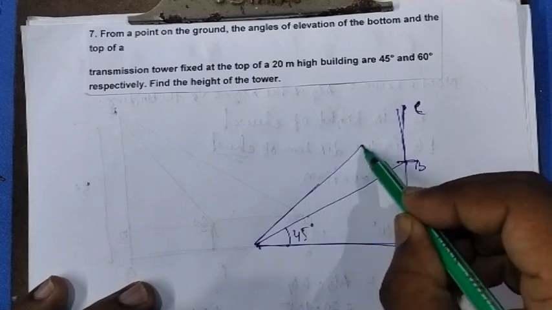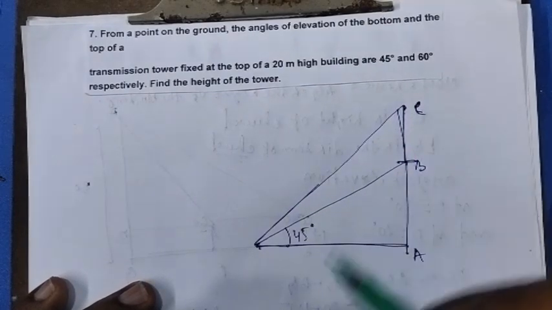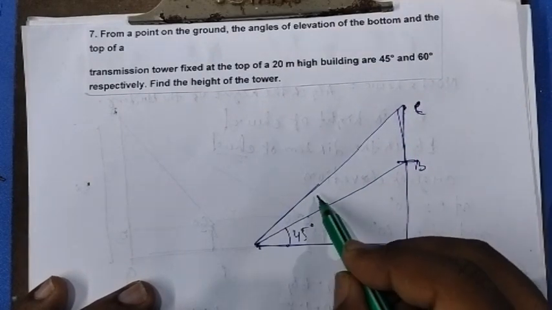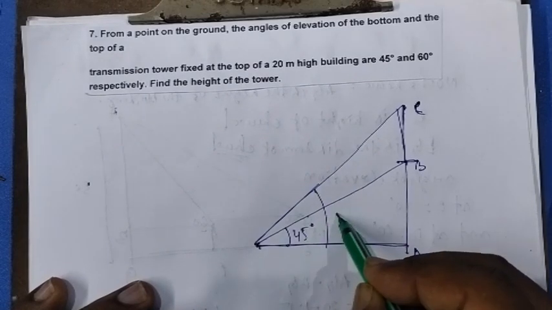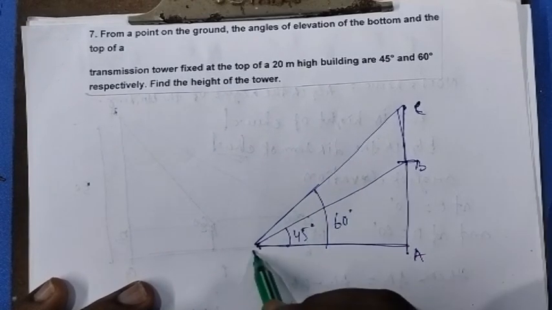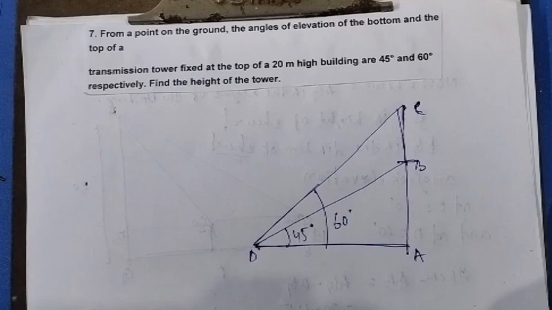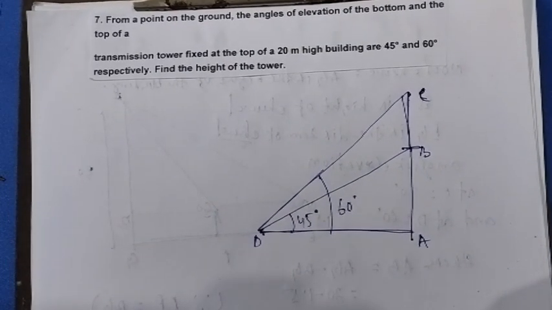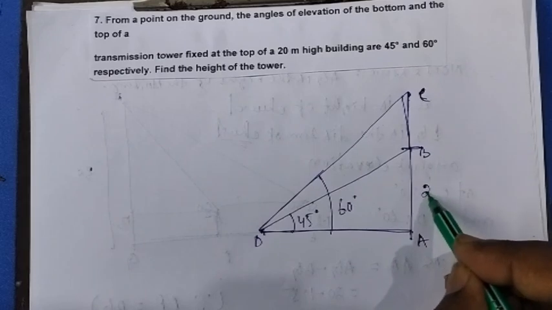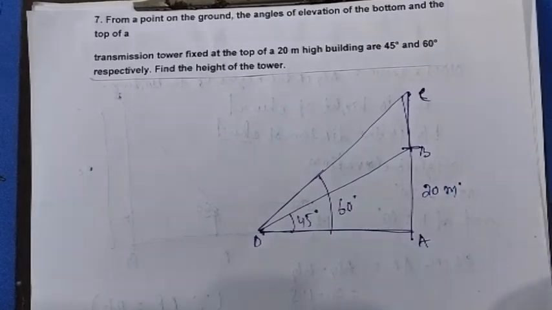The angle of elevation to the top of the building is 45 degree and the angle of elevation to the top of the tower is 60 degree. Now we have to find the height of the tower. The height of the building is 20 meter.